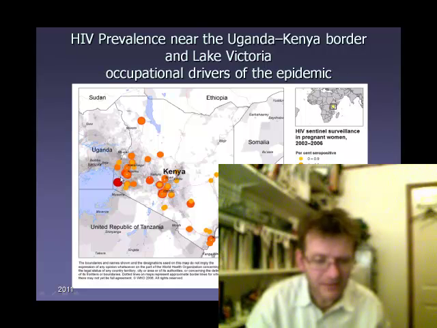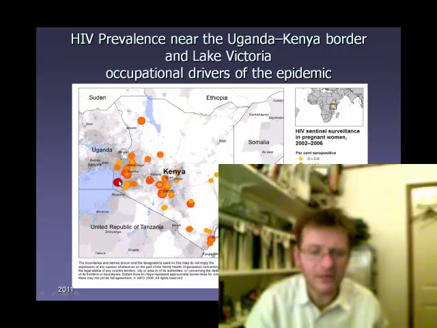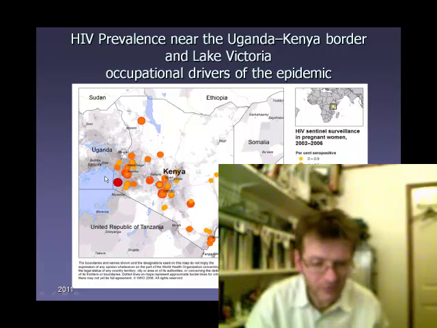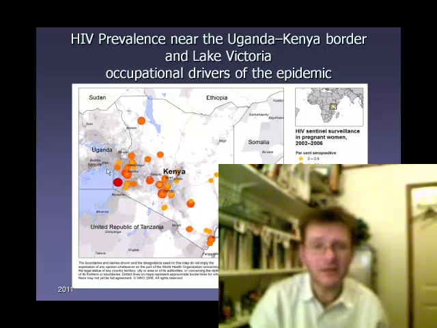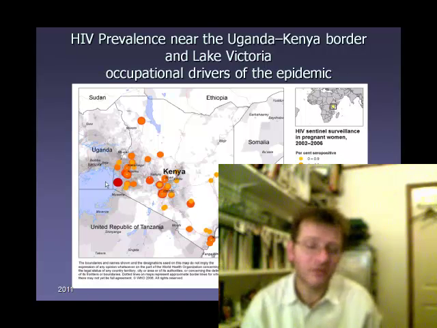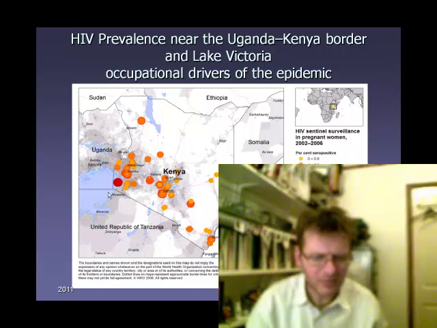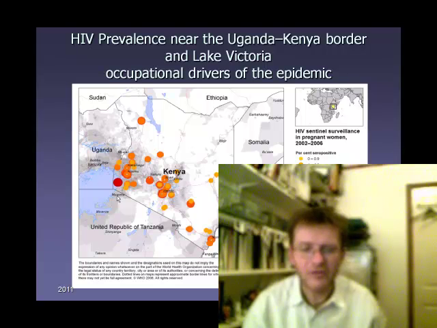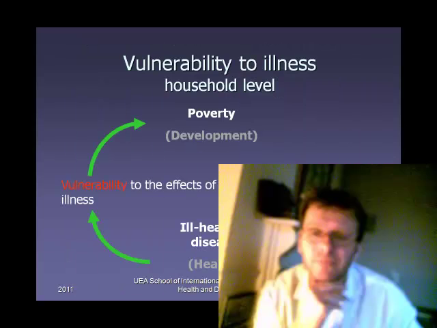And again, that's because of the susceptibility of fisherfolk to HIV. They're travelling to and fro across the lake, going to one settlement after the other. They make a landing of fish, they catch fish, they sell it, they earn money. There are bars there, there are sex workers there. And so people are very susceptible to the HIV virus in this setting. They have risky livelihoods, if you like.